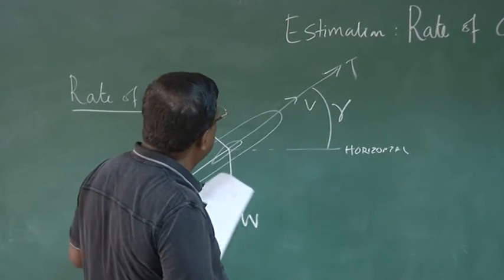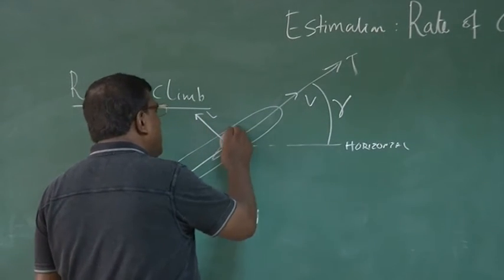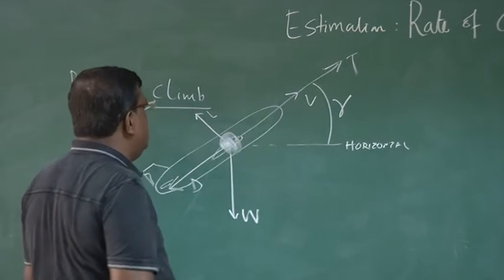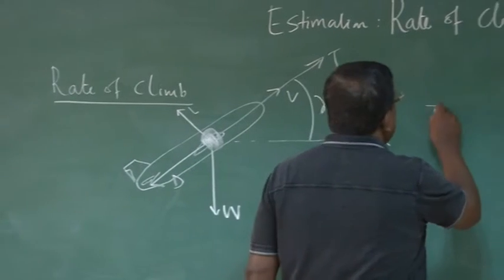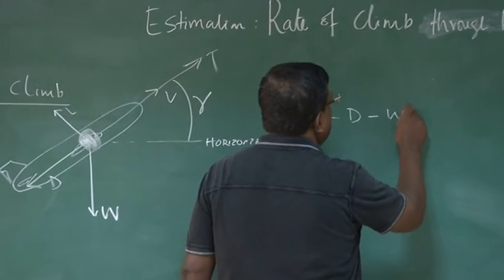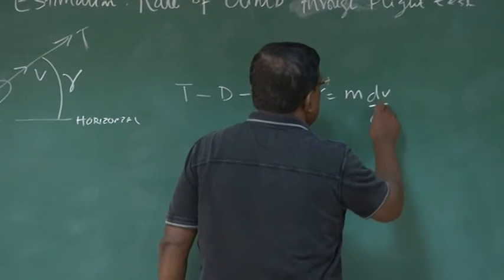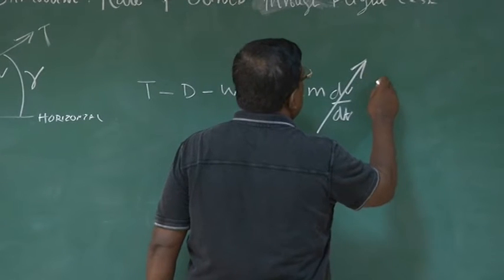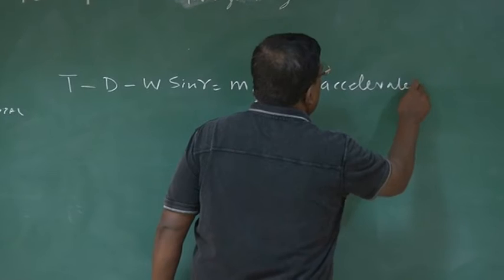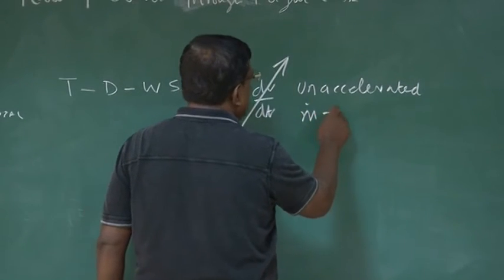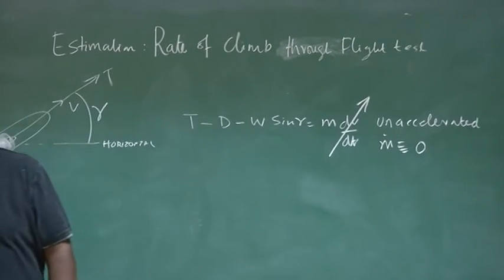Also we know this airplane will be acted upon by weight, and of course there will be lift. If I write the equation of motion assuming a point mass model, as if the whole mass is at the center of gravity, I can write T minus D minus W sine gamma equal to m dV by dt, but I'll put this to 0 because unaccelerated. Also I am assuming m dot is negligible, that is the change in weight because of fuel.